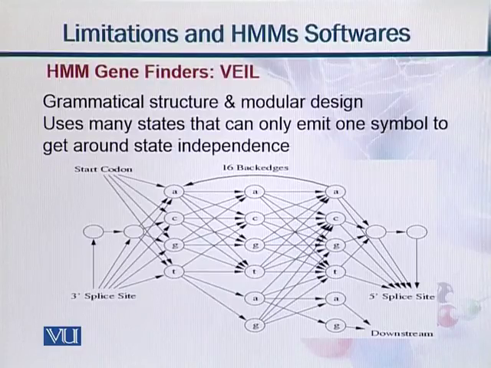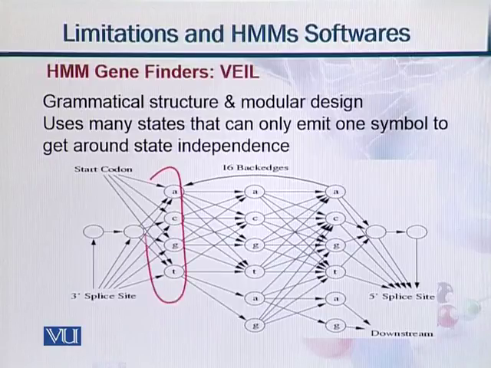These states are shown by different symbols in this diagram, which are A, C, G, T, and again A, C, G, T on the second level and so on. We start from the start codon, then we move to the first level, which has 4 states, A, C, T, G, which are our 4 basic symbols.